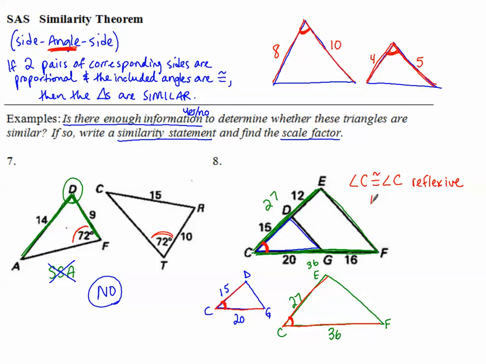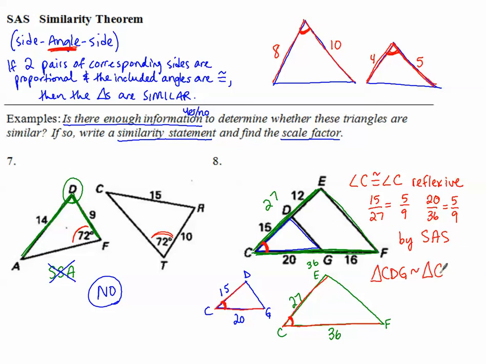So I'm going to do 15, the little side, over the little side 27, and that reduces to 5/9. And then the large side, 20 over 36, that also reduces to 5/9. So yes, by side angle side, there is enough information to say that triangle CDG is similar to triangle CEF.